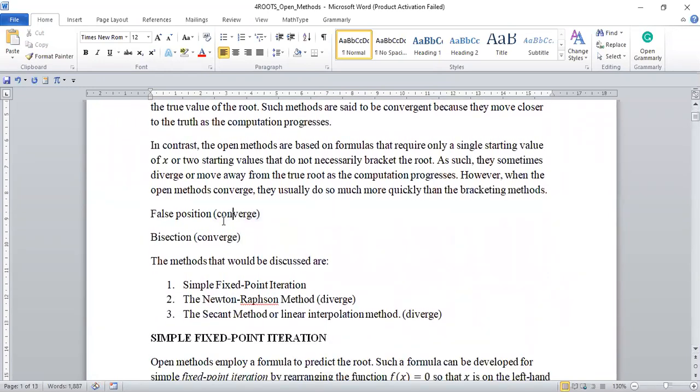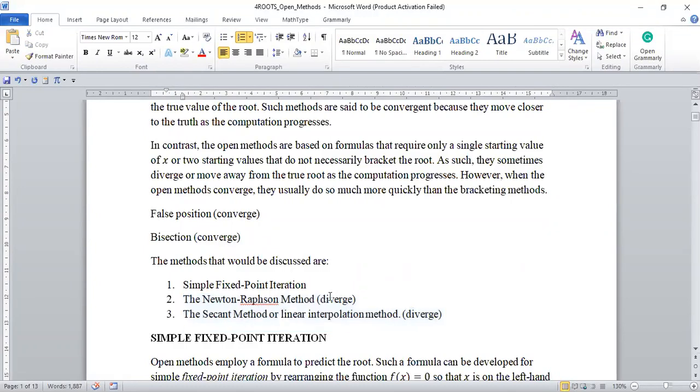The reason they are very slow is that you have to evaluate a condition, because you want to be very sure that it doesn't diverge. For every iteration, the root is within the lower limit and the upper limit. That's for these two methods. But for these two methods, that condition doesn't exist, so that makes them very fast.